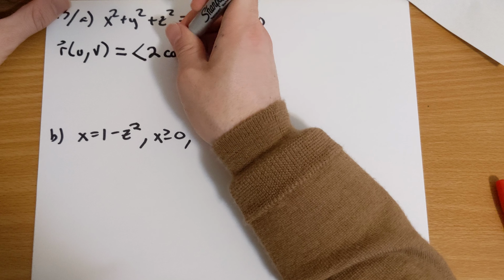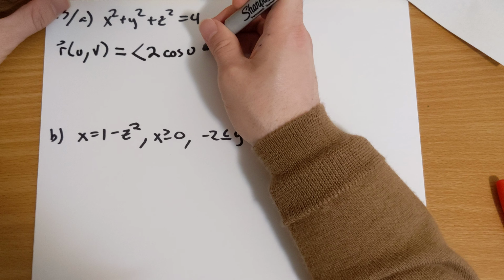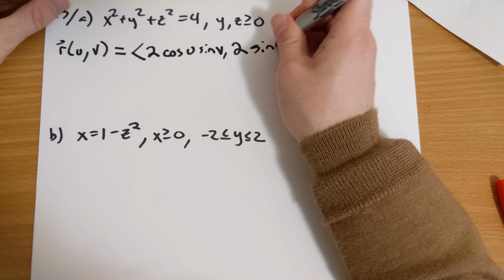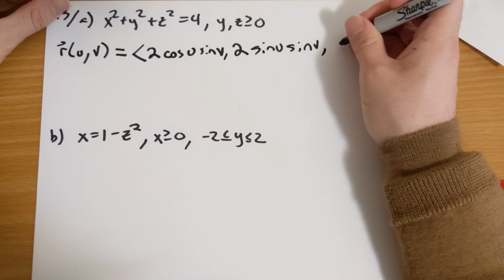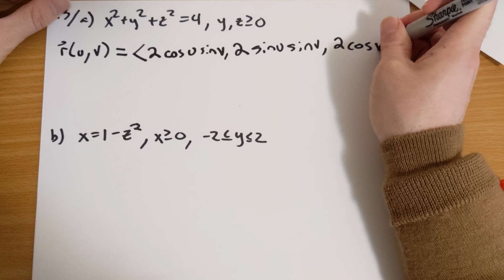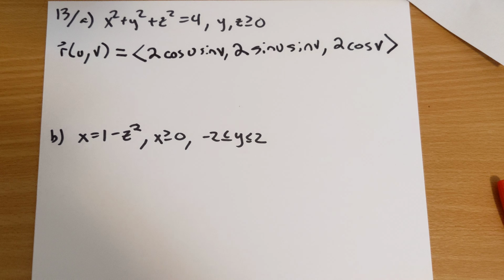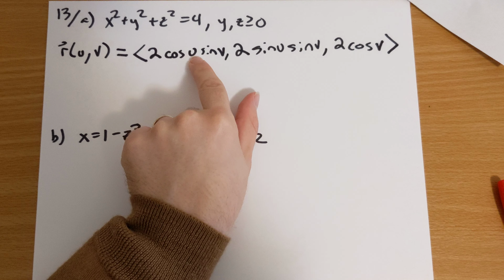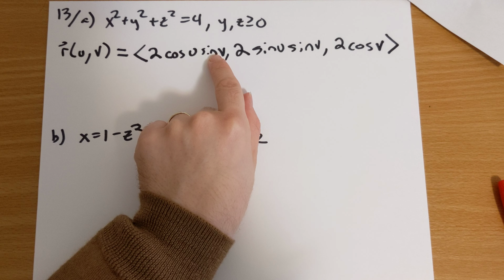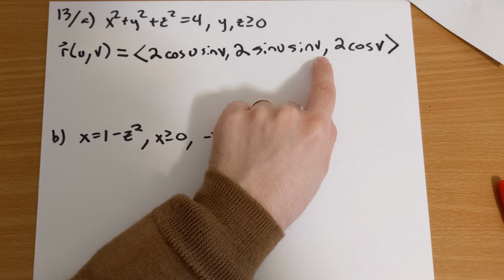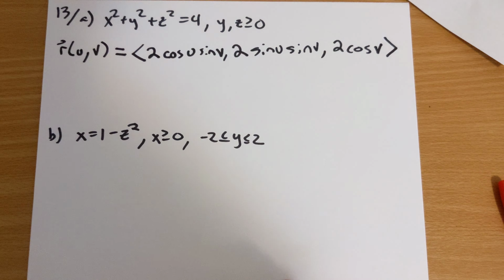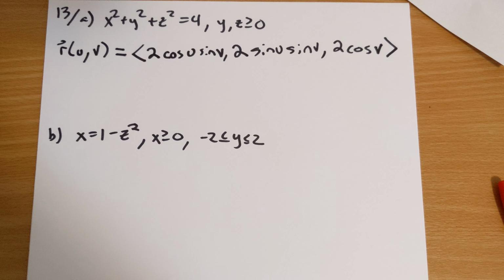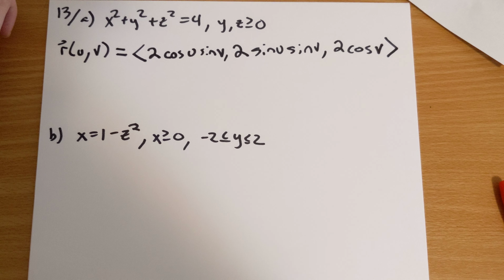So 2 cosine u sine v, 2 sine u sine v, and 2 cosine v. It's good to know that usually we would do this with cosine theta sine phi, sine theta sine phi, and cosine phi, along with the radius of our sphere, 2, out in front. This is a good one to know just off the top of your head.